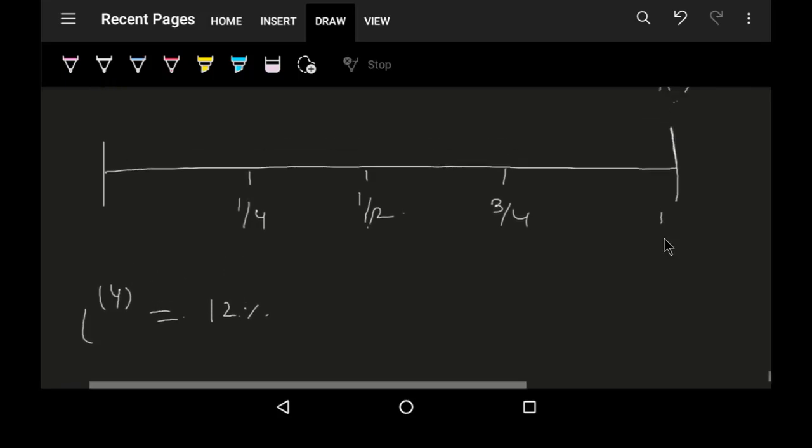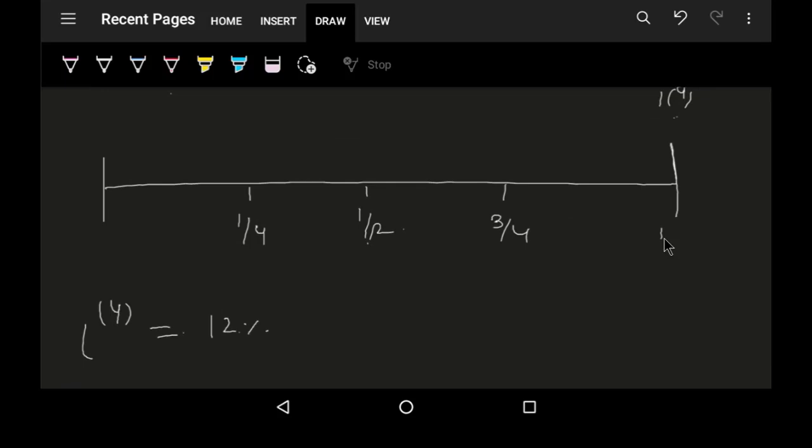Now, instead of considering accumulating interest, consider that we are getting 3% interest at each time period. So we get 3% here, 3% here, 3% here, and 3% here. The total amount of interest that I will earn by the end of the year is my annual effective interest rate. So I can calculate my annual effective rate.